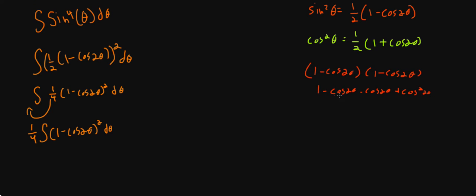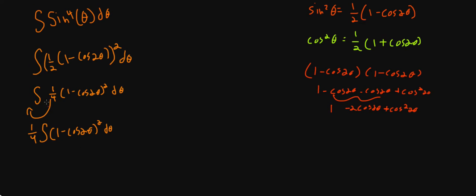Let's simplify a little bit. This comes out to 1 minus 2 cosine 2 theta plus cosine squared of 2 theta.